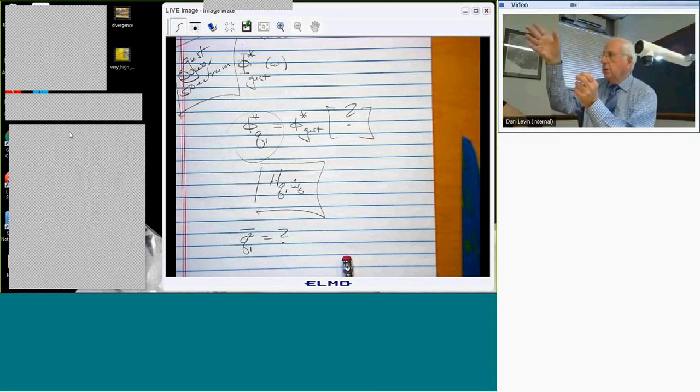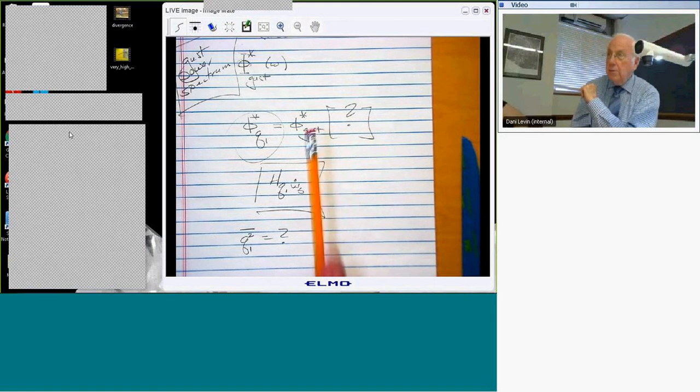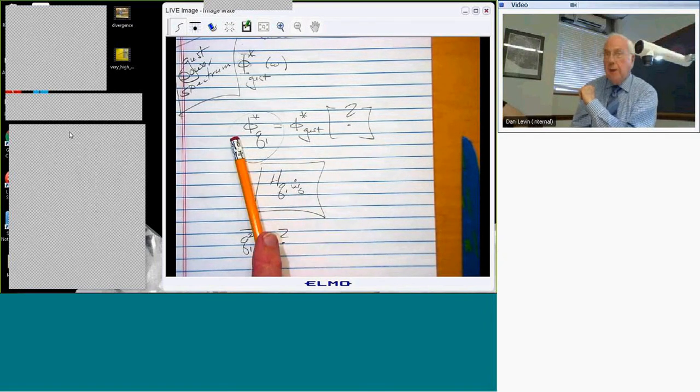Or if it's a random input, you probably will go to power spectral density analysis and find the transfer function, which means you're going to let the gust temporarily pretend to be sinusoidal in time for the purposes of finding the transfer function. And then you're going to square it, multiply by the input power spectra, find the output power spectra, integrate that over the frequency, and then you'll be done.